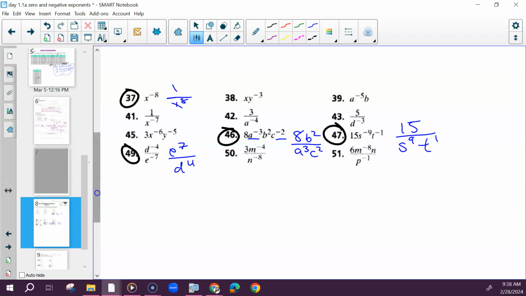Were there any others we wanted to go over or have questions about? So in 51, m and p are going to switch places. 6 and n stay put. So we're going to have 6n p, you can put to the 1st, you don't need it, over m to the 8th.